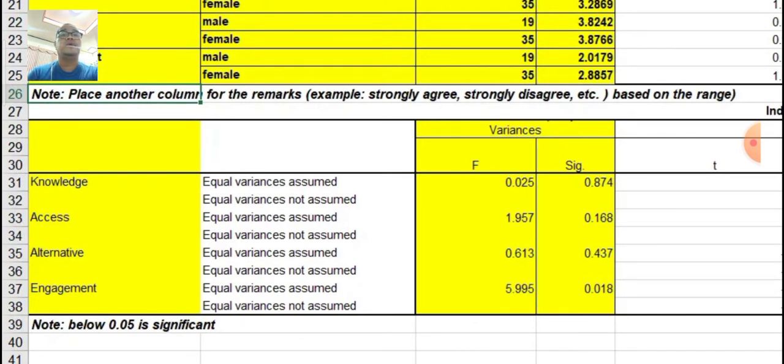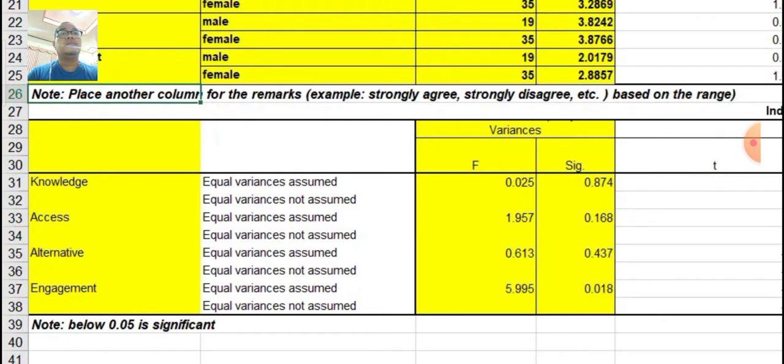For example, in the category of engagement, the male and female have significant difference in terms of their responses, which means that, you can base it sa result ng mean natin, female agrees more that they have a good engagement versus the male.